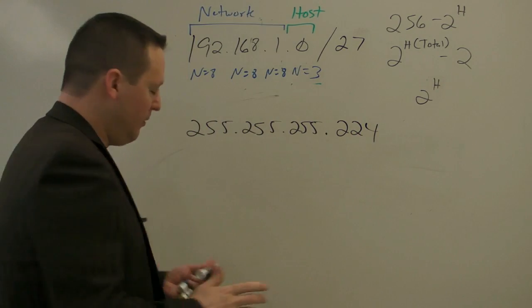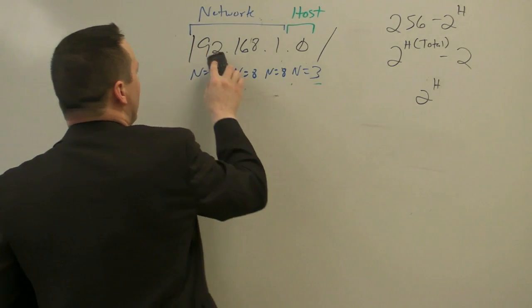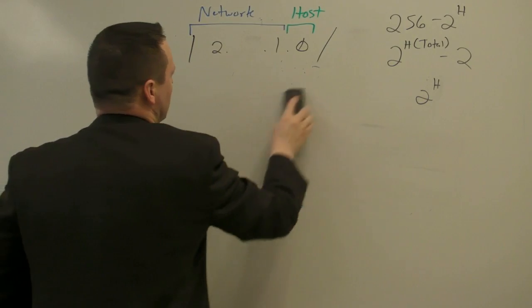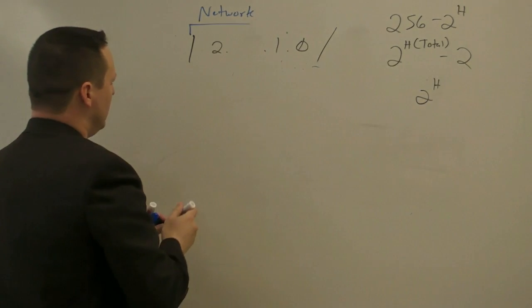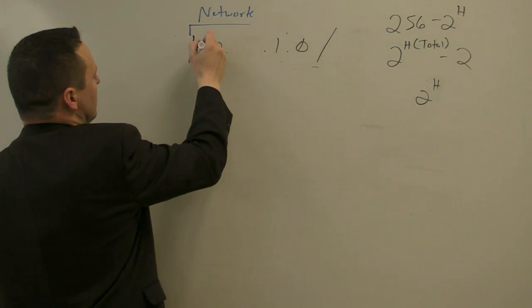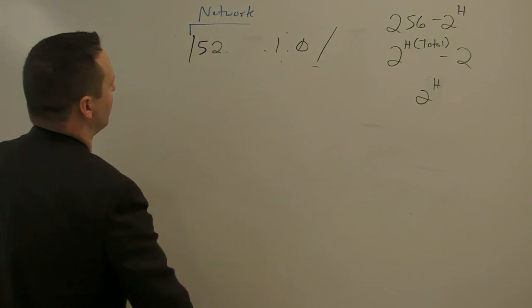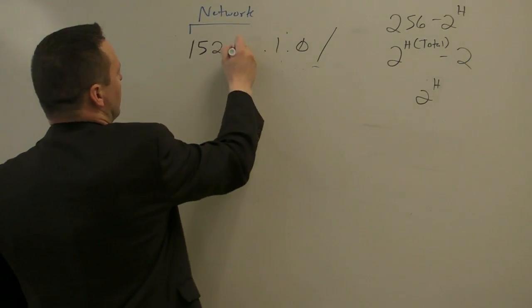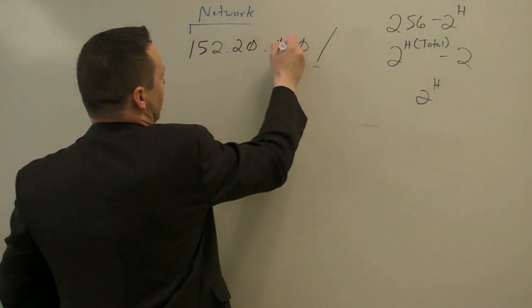Let's do a harder one, but not really that much harder. Let's do a Class C. Let's just do, how about 152? Sure, that works for me, right? 152.20.0.0.